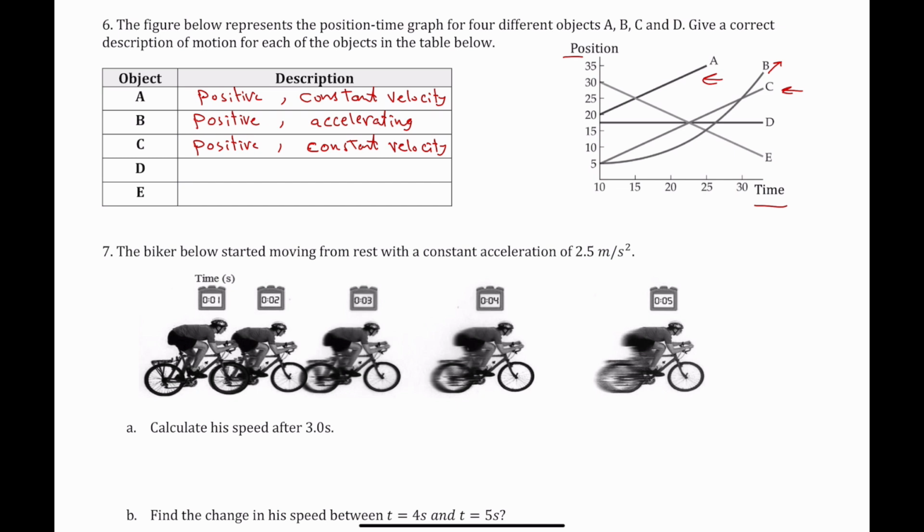D, in a position-time graph, D is at rest. E, it moves with a constant velocity but in a negative direction. So it's negative and constant velocity.